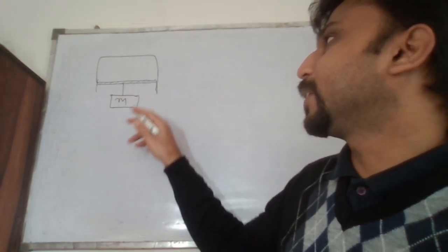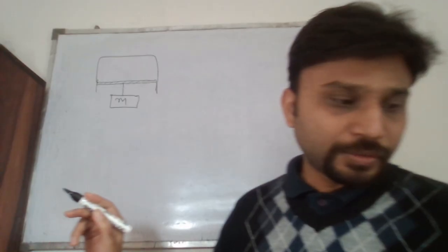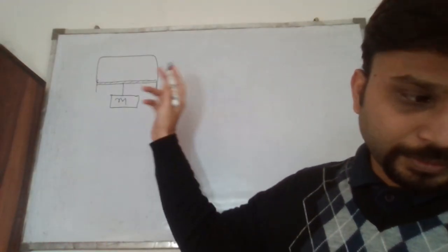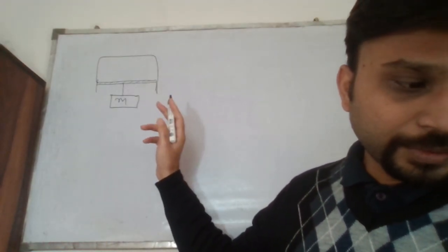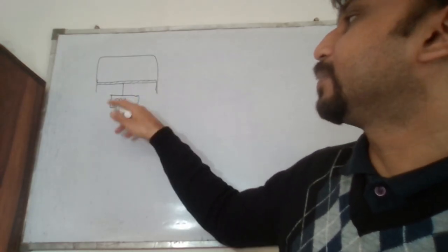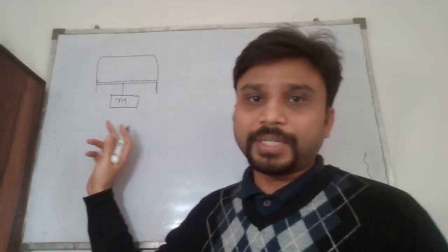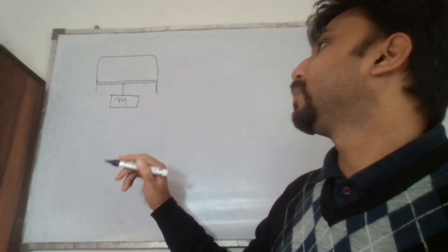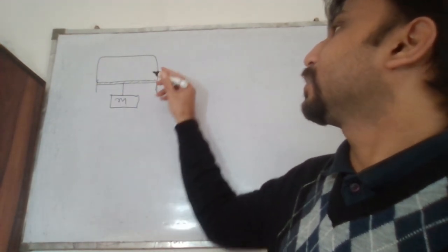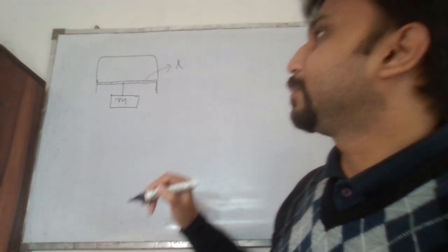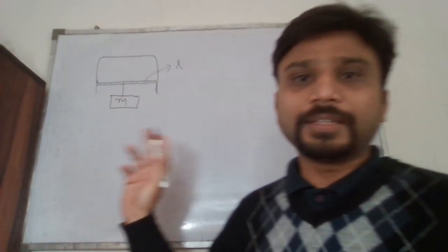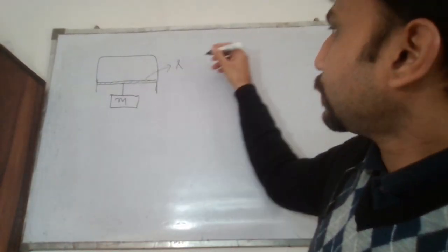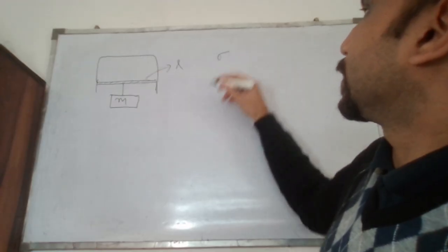We are supposed to find the surface tension of the liquid if the slider is massless and this mass is some mass m, and the length of this slider is some distance l. This is what we did in the last video. We'll say that the surface tension is some sigma.